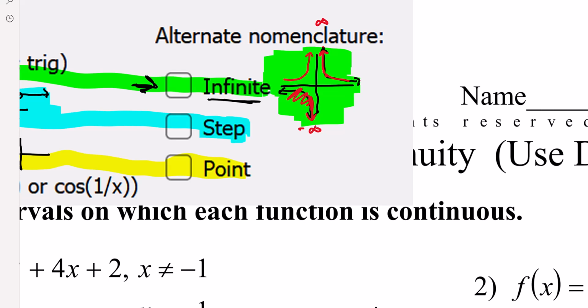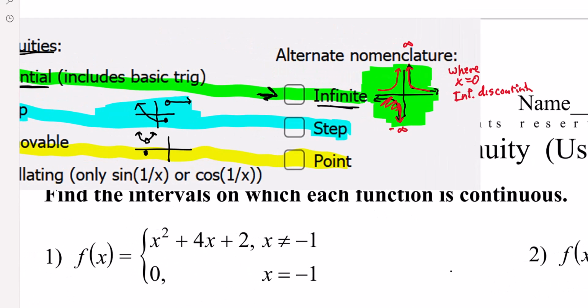Oftentimes they'll want to know the x value, and you would say where x is equal to 0, infinite or essential discontinuity. And you would spell the discontinuity out. I'm okay if you abbreviate after infinite, or you'd say essential.